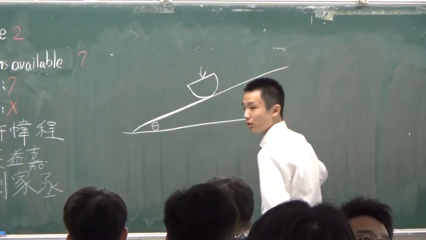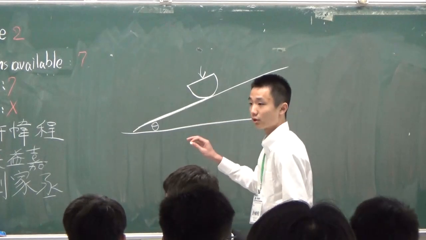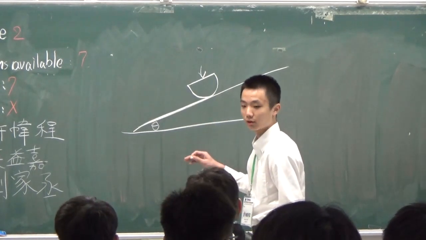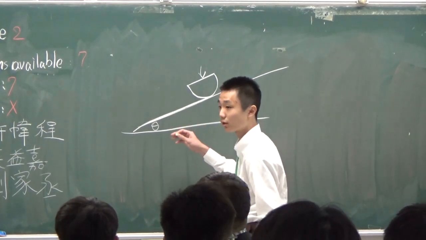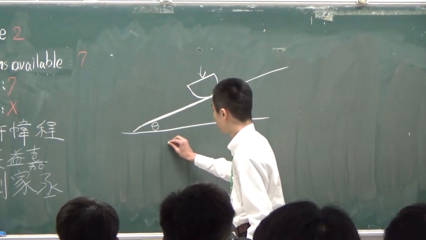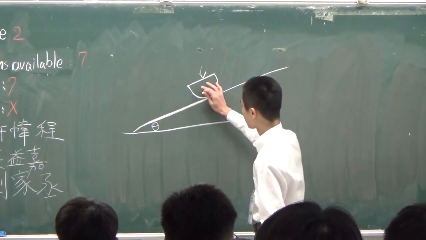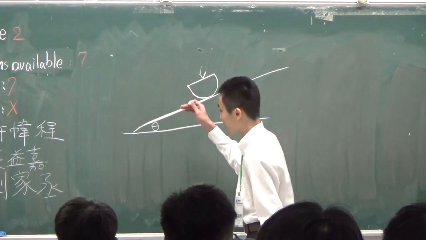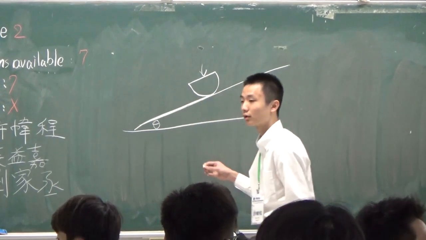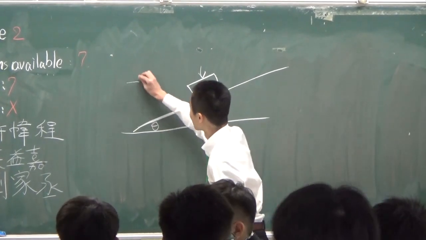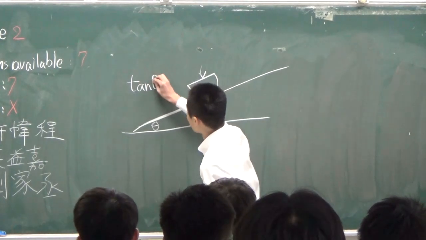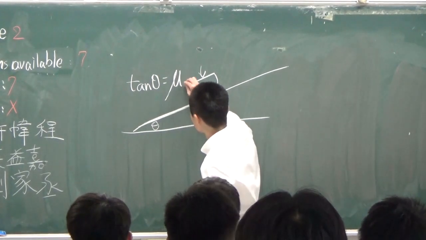So you measure the theta, right? Yes, the angle theta. The angle doesn't equal to the coefficient of friction. The tangent, when the ball starts to move, the tangent theta at this moment. Tangent theta is equal to the coefficient of static friction.